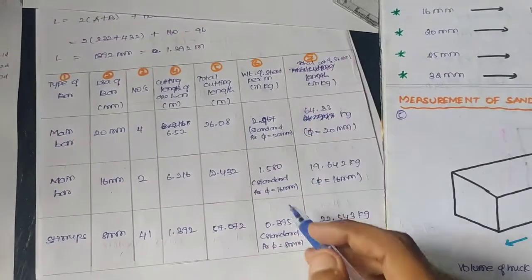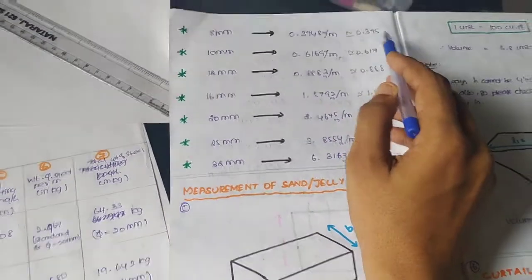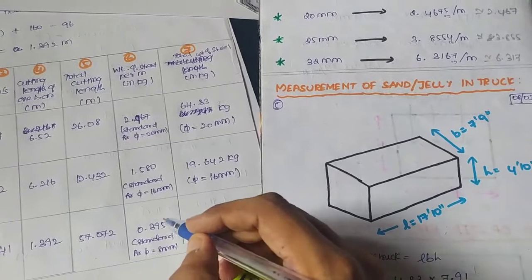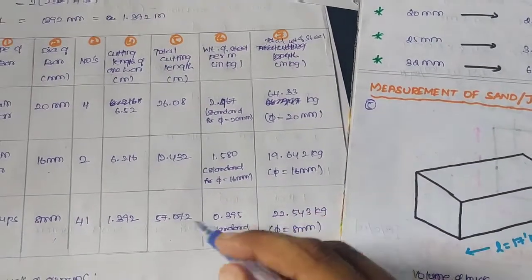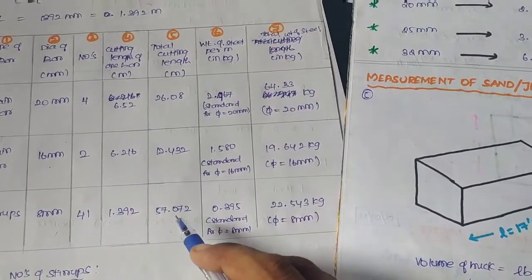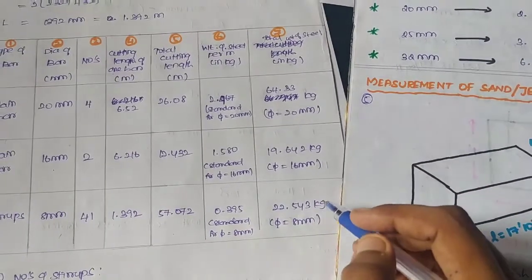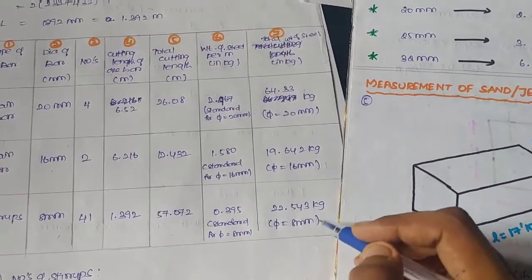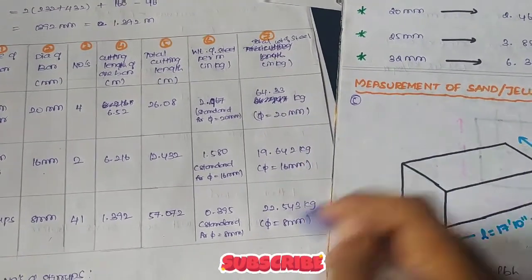The weight of steel for 8 mm dia bar is 0.395 kg per meter. We multiply both these things: 57.072 into 0.395 is 22.543 kg, which is for diameter 8 mm. So 20 mm, 16 mm, 8 mm. Final result. Thank you.